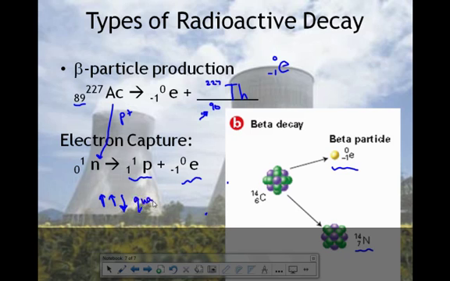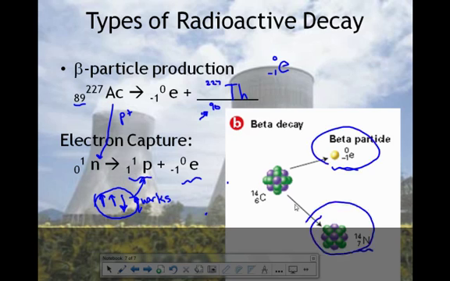And the neutron, not the proton, the neutron has the ability to alter its configuration into a proton if that's what makes the nucleus more stable. So the beta particle production stabilizes that nucleus by changing one of the neutrons into both a proton and a beta particle. The beta particle is released and the new nucleus is released with an extra proton in it now.